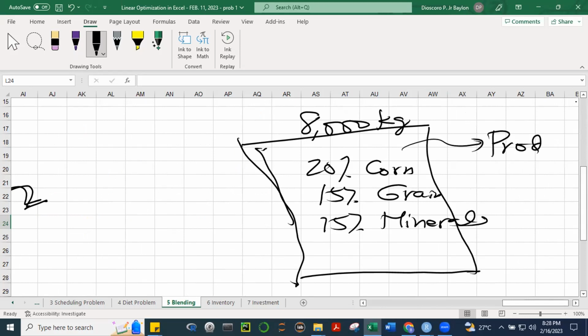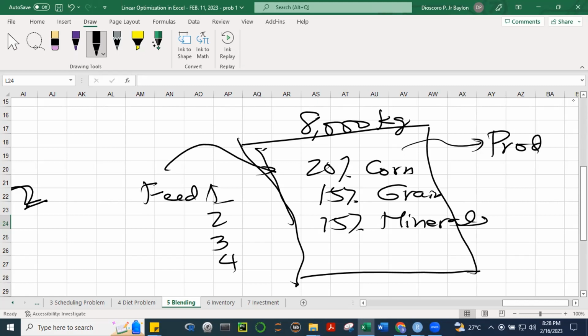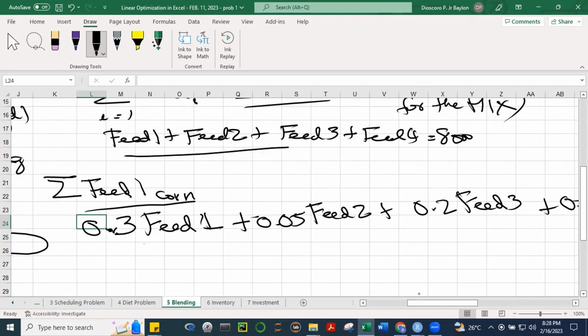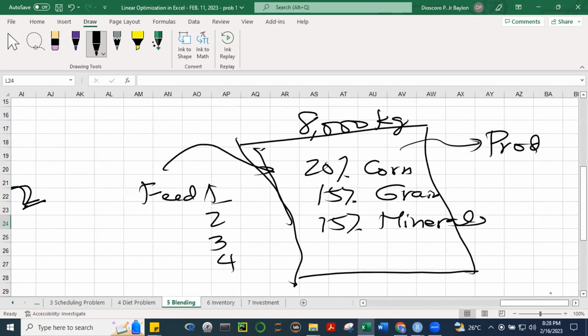Okay, how are we to generate this mixture? We're going to include here feed 1, feed 2, feed 3, feed 4. If you take a look at our first constraint, the total feeds that we're going to mix should be equal to 8,000 kilograms, right?